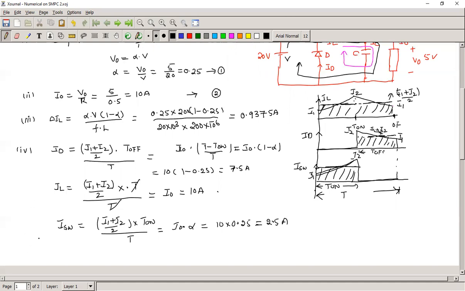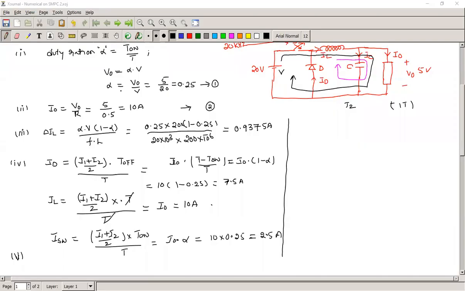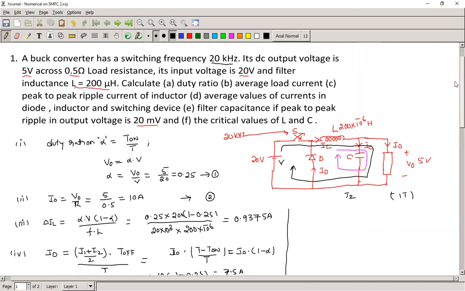The next parameter, the fifth one: the ripple voltage is given in the problem. How much is the value of capacitance that we have to find out?